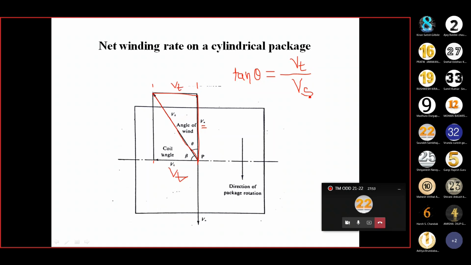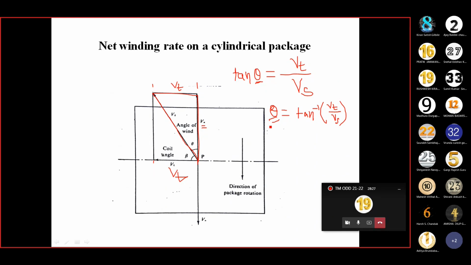So tan theta is Vt by Vs. If you calculate this, we can easily calculate theta. Theta is equal to tan inverse of Vt by Vs. By this you can calculate the angle of wind.